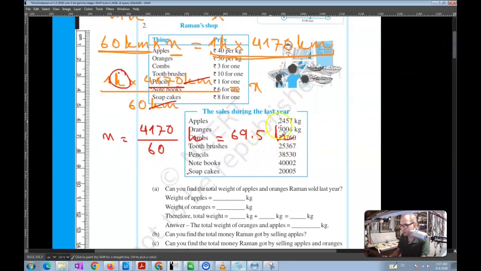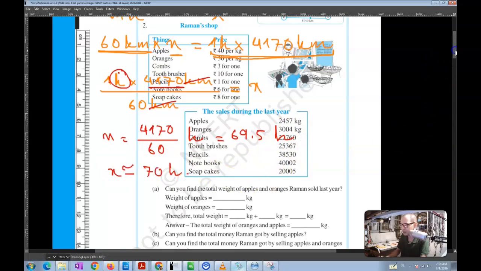In a separate video, I will show you the meaning of 69.5, because we have worked on the decimal number system, but we have not talked about decimal numbers. Since we have to use them, we will talk about them in a separate video. But it suffices to say for now that 69.5 is very close to 70, right? So the time that we have calculated is very close to 70 hours.